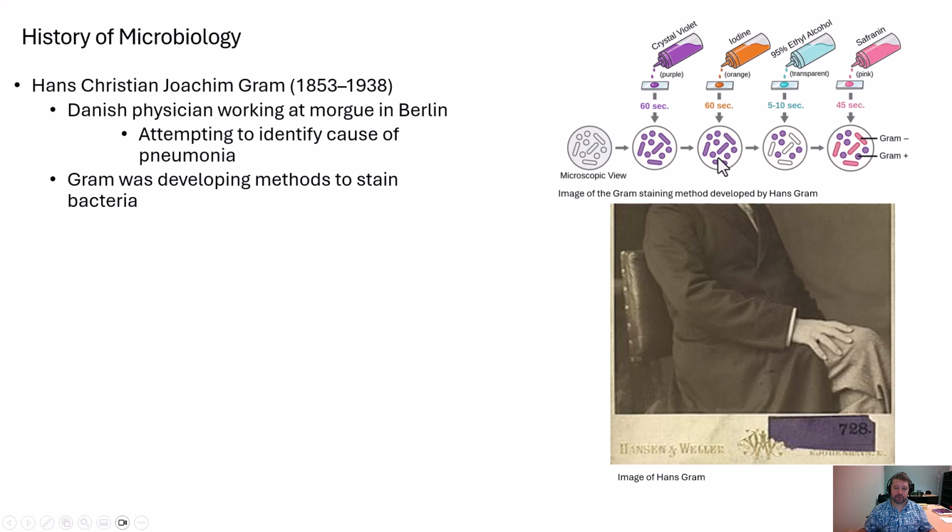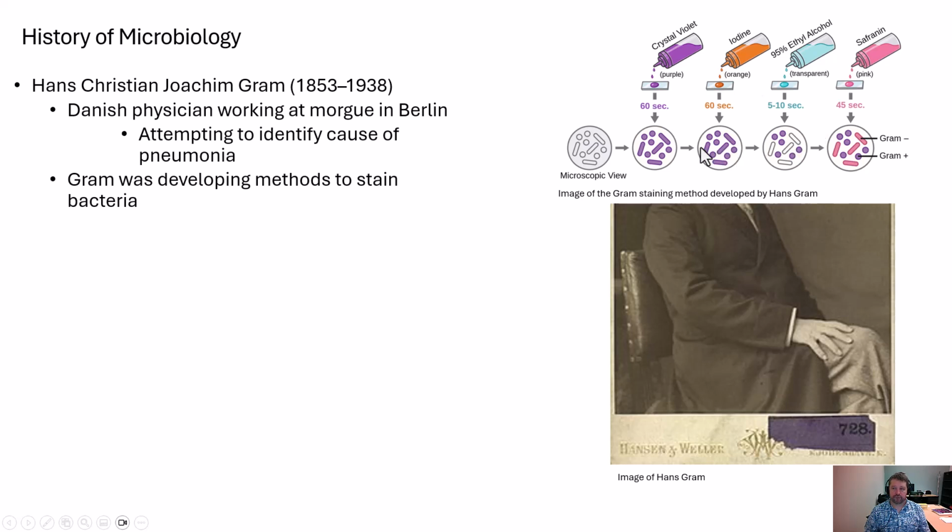Iodine will typically open up fats and help with binding up excess crystal violet. Then you can clear the excess crystal violet, the stuff that hasn't been absorbed by peptidoglycan, by using ethyl alcohol.